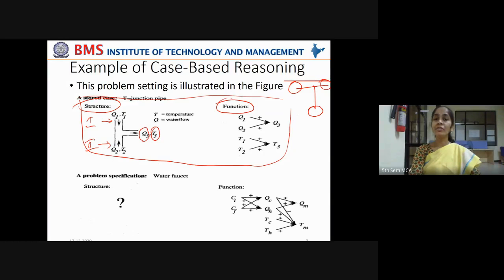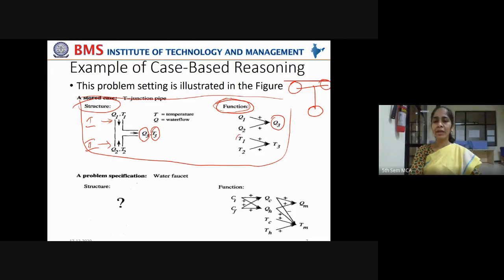Right? Now, how is the functionality represented? The second part of the design in the library is function. This functionality mentions how exactly the combination of the inputs should result in an output. Now see this, Q1, if it is positive, means it is increasing in the water flow, and Q2 is also increasing in the water flow, then it should result in Q3.